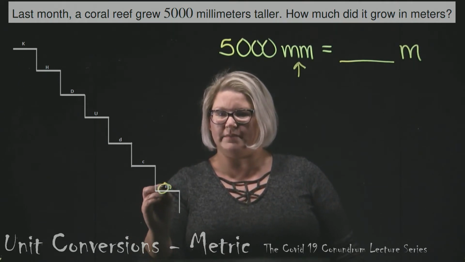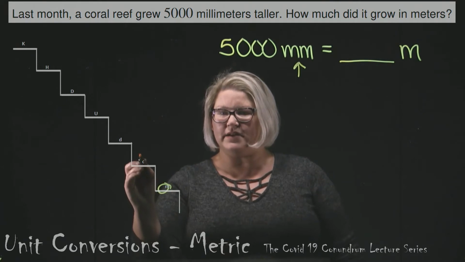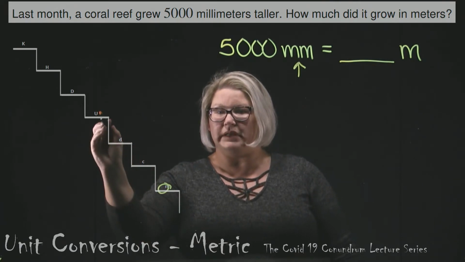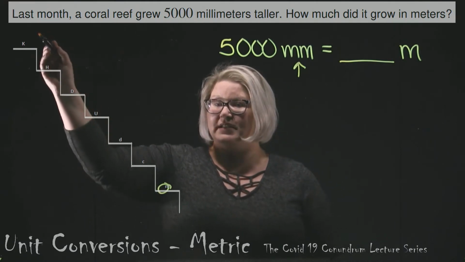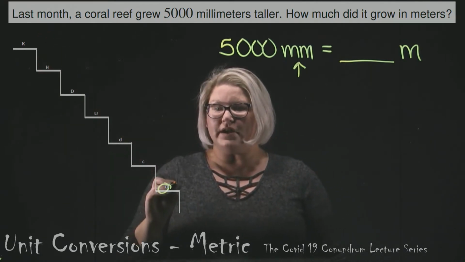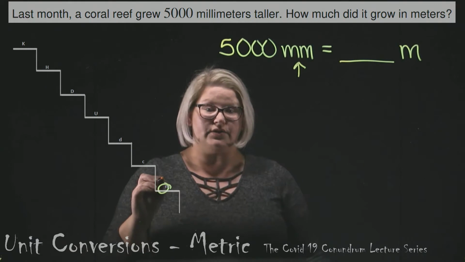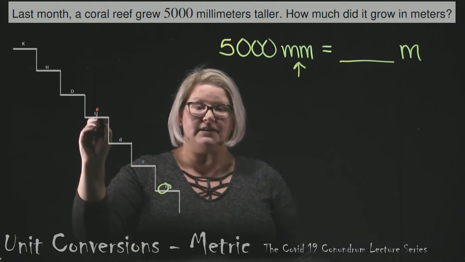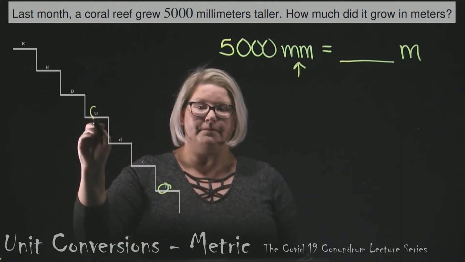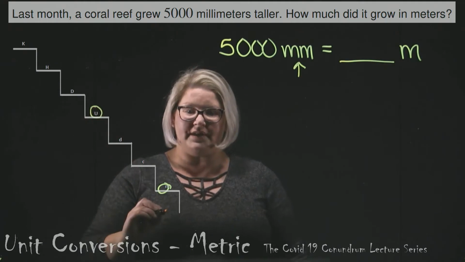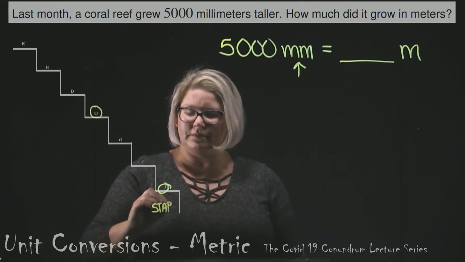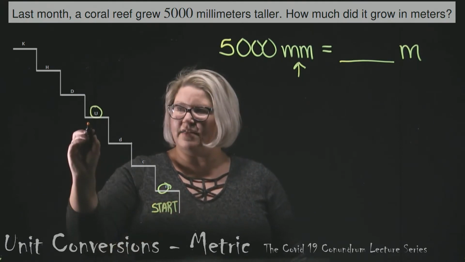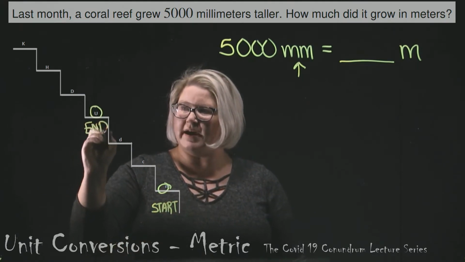Here is millimeters. This would be centimeters, decimeters, plain Jane meters, decameters, hectometers, kilometers. So I want to go from millimeters to my base unit, which is right here. This is where I'm going to start, and this is where I'm going to end up.